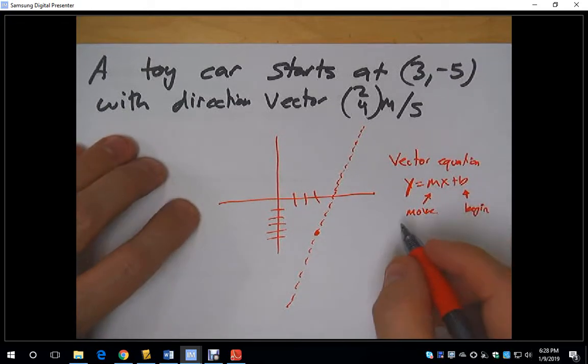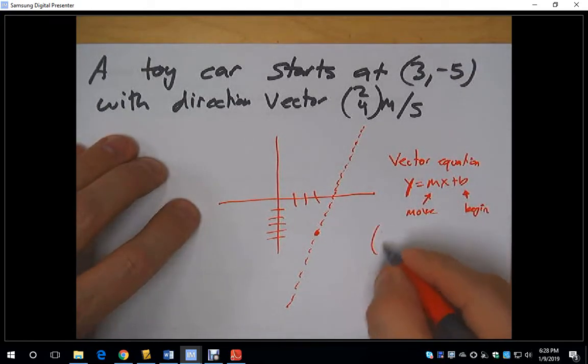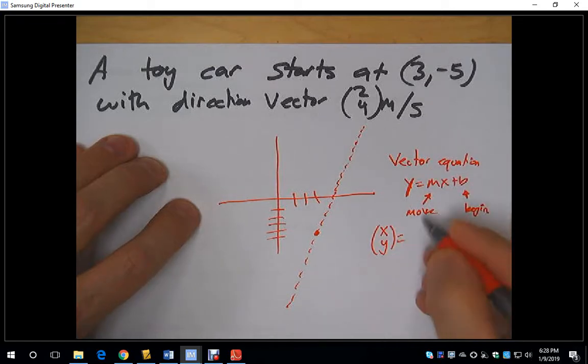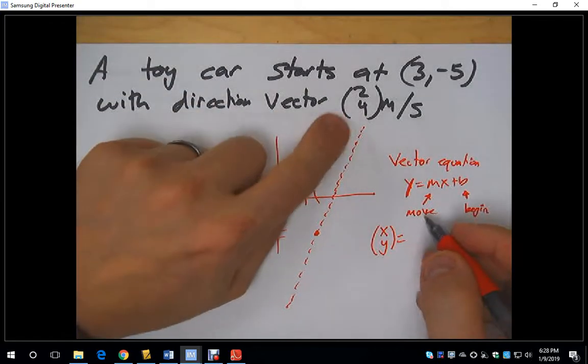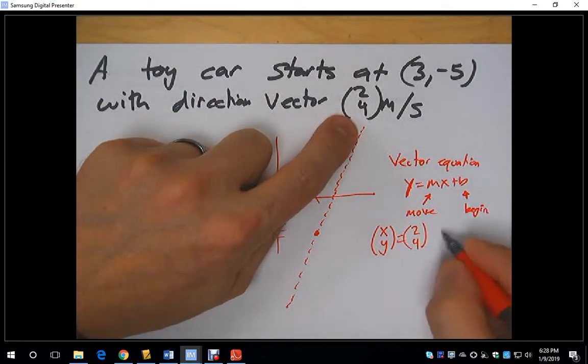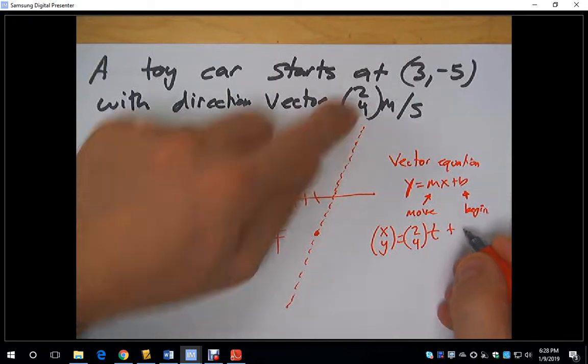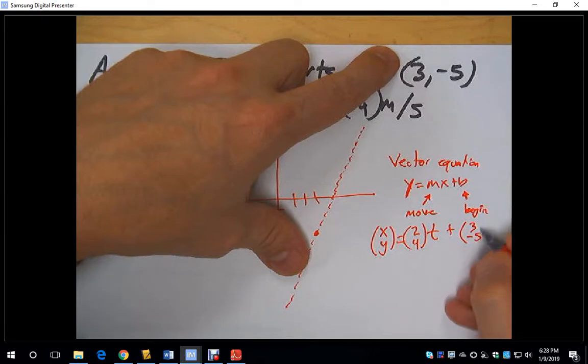So I'm going to write my equation, this is a vector equation, so I have (x, y) equals my move, that is my direction vector of (2, 4), and then we have some time t, and then plus my begin, which is (3, -5).